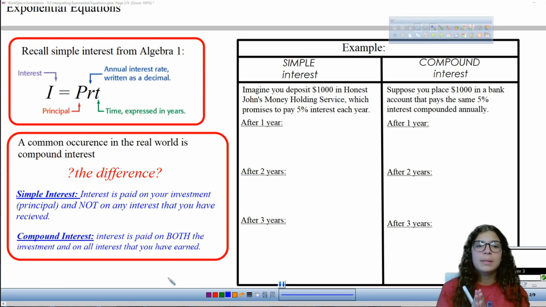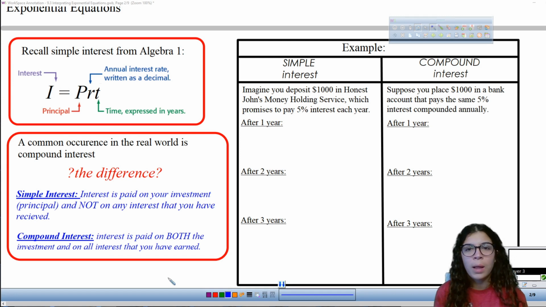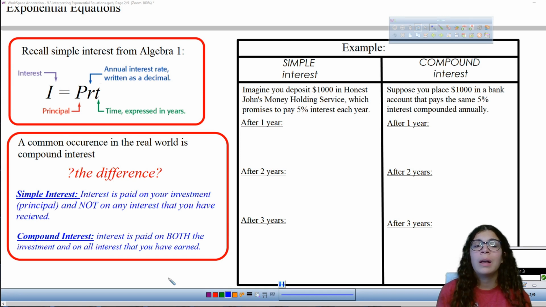So you just get interest paid a certain amount on a certain amount of money and not on any interest that you are paid as well. Okay, so in a compound interest situation, you get interest paid on both your initial investment and on any interest that you have earned over time.